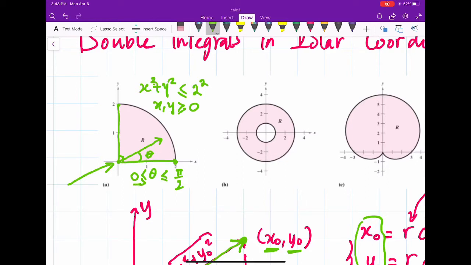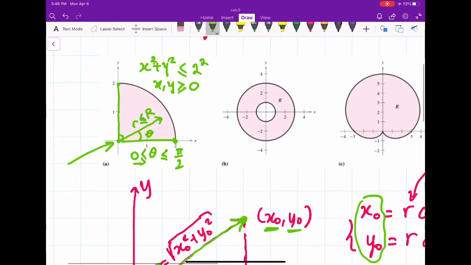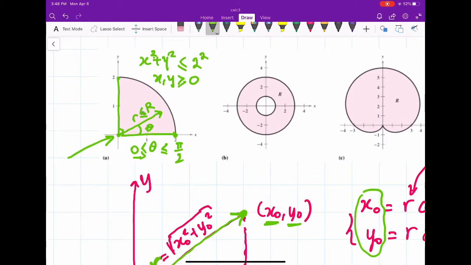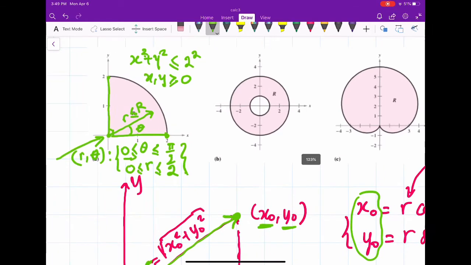And the radius r, in this case, is always less than or equal to 2. So you can describe all points in this region by the following: r and theta such that theta is less than pi over 2 and r is greater than or equal to 0 and less than 2. That's it.